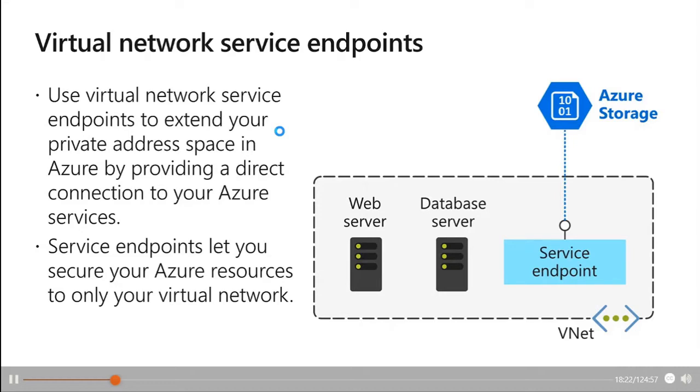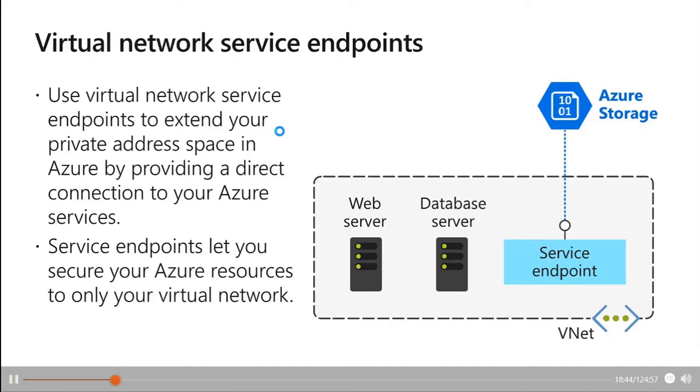If I'm using a virtual machine inside this VNet, like that web server or that database server, they need to go through the internet, and those services need to be exposed on the internet so that I can access that storage account.